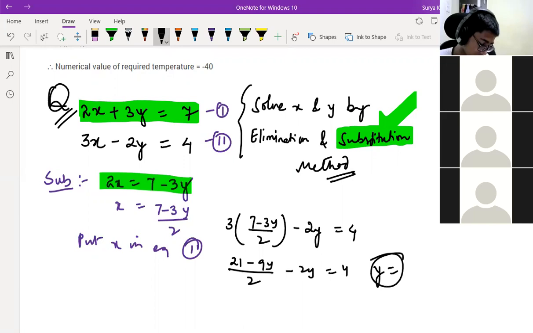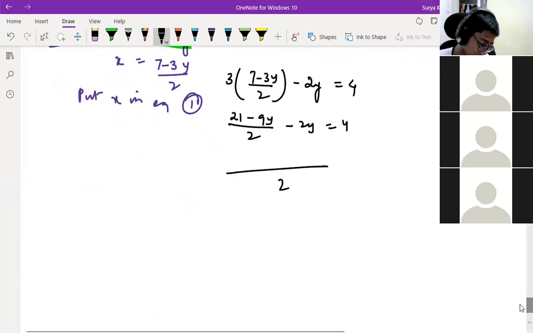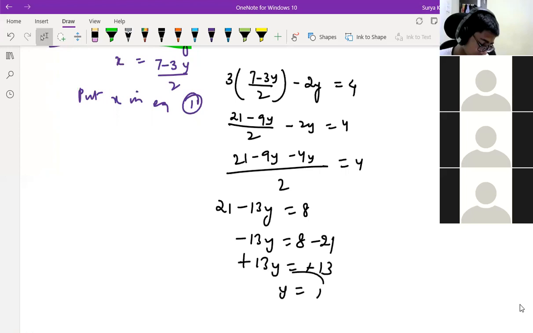Here the LCM is 2. 21 minus 9y minus 4y is equal to 4. So 21 minus 13y is equal to 8. So minus 13y is equal to 8 minus 21, so minus 13y is equal to minus 13. So y is equal to 1. Understood, children?